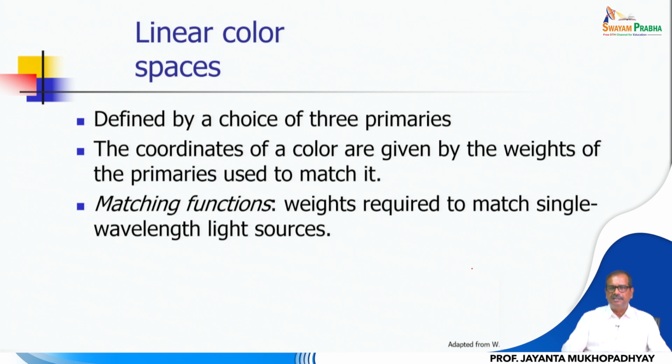If there are 3 primary colors, say C1, C2 and C3, then the component of a color at wavelength lambda naught is represented by certain amounts, say x, y, z. These x, y, z are the weights, and with varying wavelength you can produce this chart.